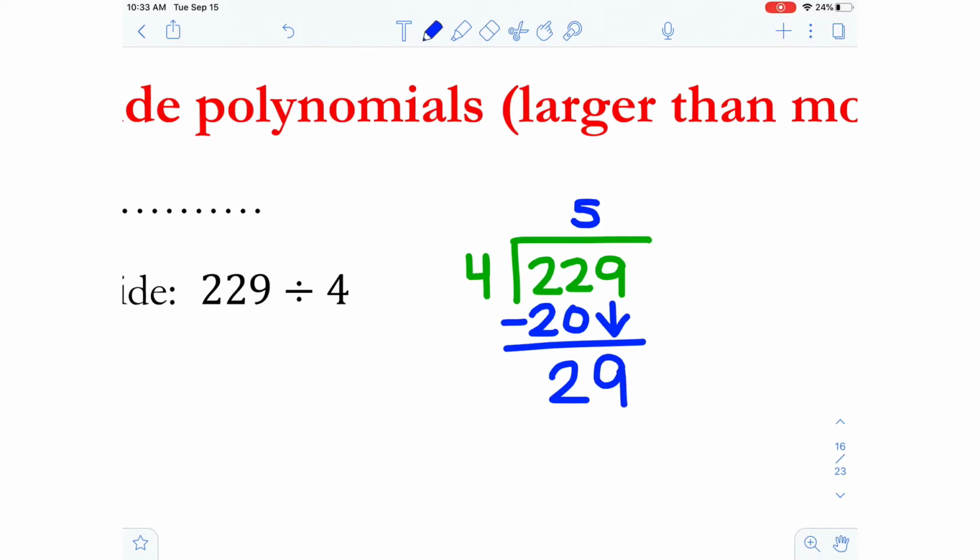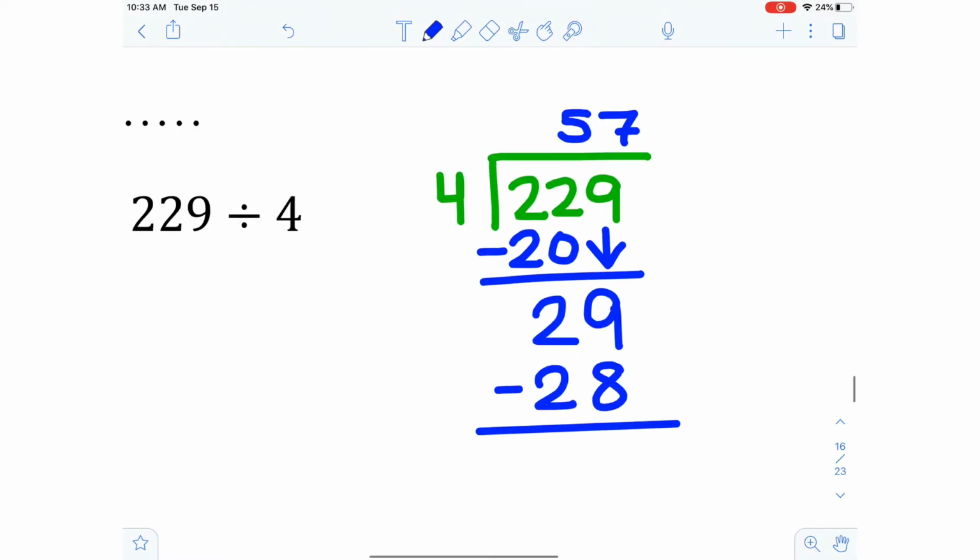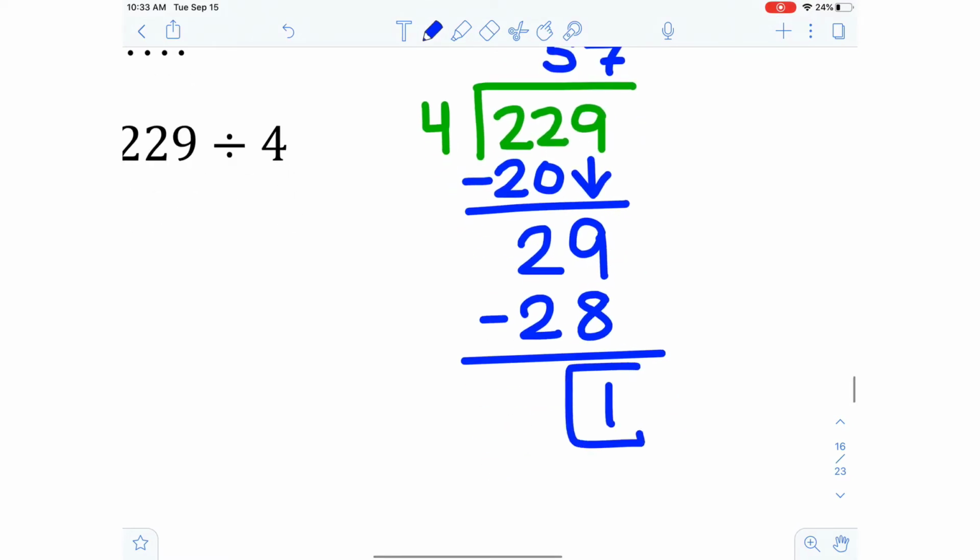So 4 goes into 29 how many times? 7 times. Nice. So 4 times 7 is 28. Draw the line, change the sign, in other words, subtract, and I'm left over with 1. So we call this the remainder, okay?